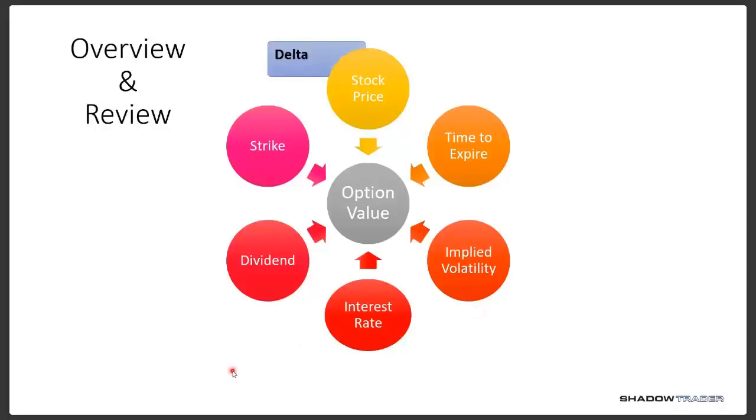Now, along with this option value, we can figure out what the option is going to be worth given any move. Delta, what is delta? Delta tells me how much my option price changes for a $1 move in the underlying equity. The gamma, this is the other part that we look at for option valuation. Delta is a derivative of the option value for the next $1 move in the stock.